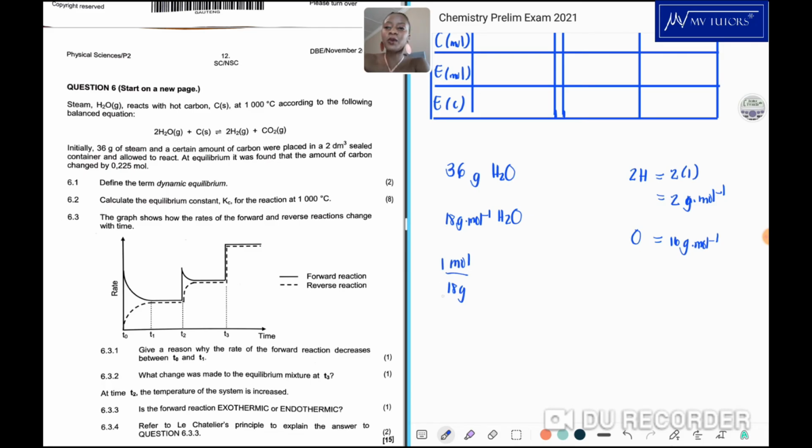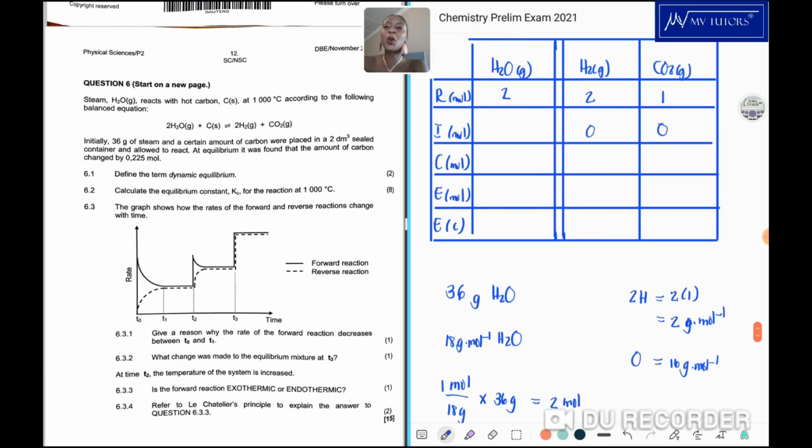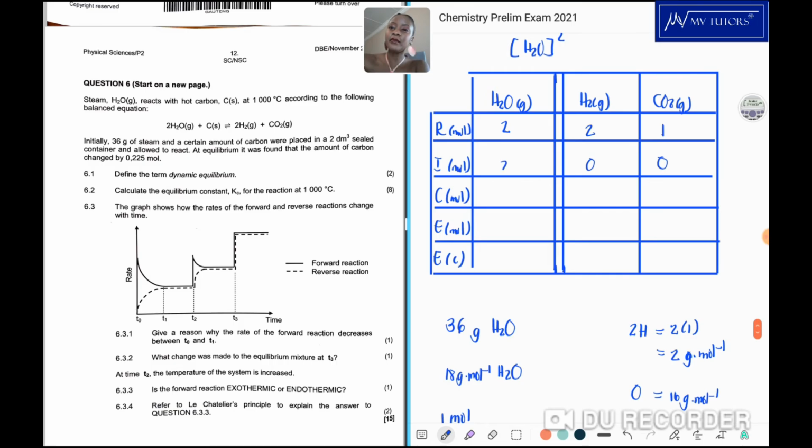So 1 mole, 18 grams, and I'm going to multiply that by 36 grams because I would like to get the number of moles for steam and remove the number of grams. So 36 divided by 18 gives me 2. So the grams cancel out and I'm left with moles. So initially, I had 2 moles of the steam, but hydrogen and carbon dioxide were not formed yet, so that will be 0.